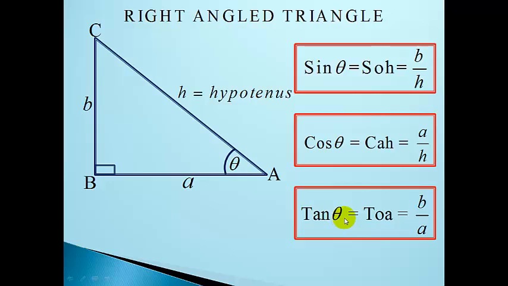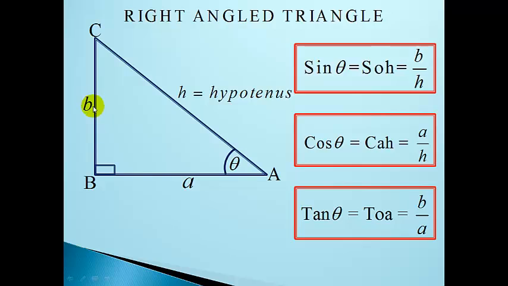Similarly, tan of the angle theta is equal to TOA, that is opposite over adjacent. Now, when we look at the right angle triangle ABC, side AB, that is A, is adjacent to the angle theta.